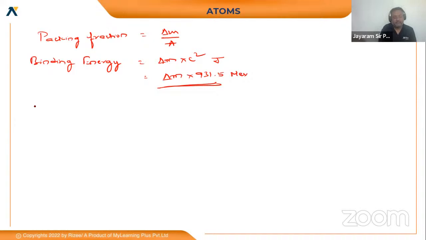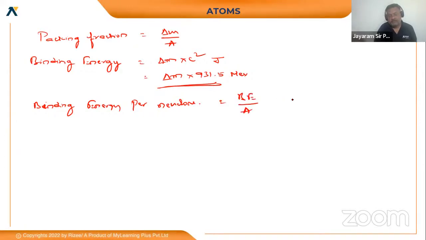And binding energy per nucleon, which is equal to BE by A, gives the stability.